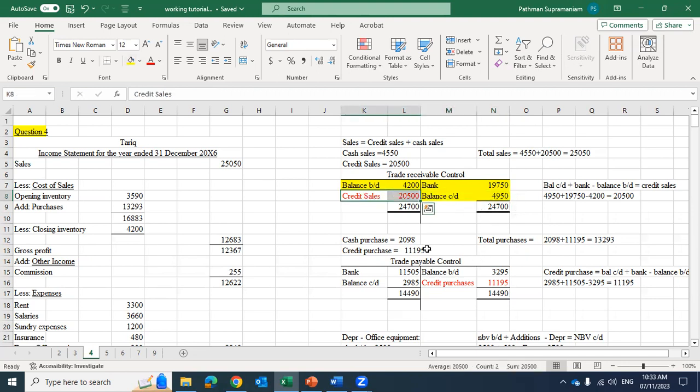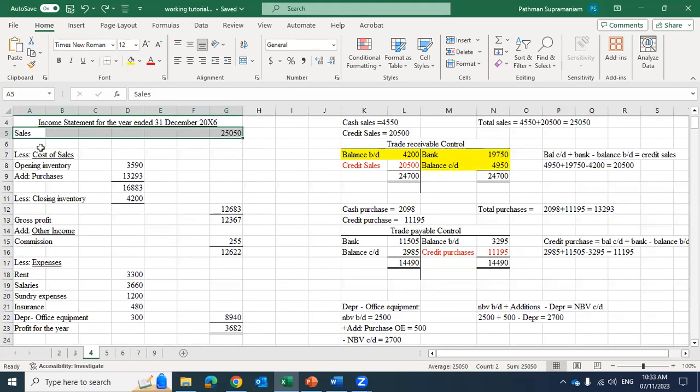Originally it looked like this, so you can see your credit total is 24,700, debit is 4,200. The difference between these two totals is your credit sales that we're looking for, which is 20,500. Finally, we add up both these figures to give us 25,050.